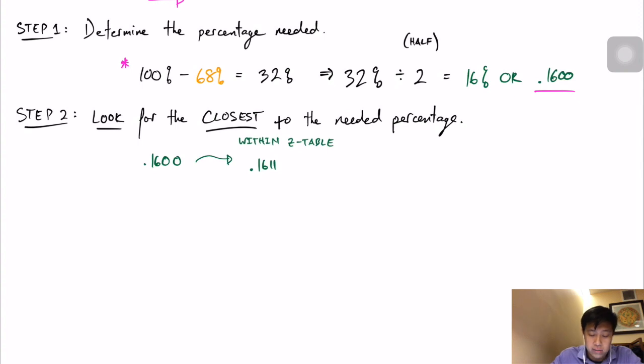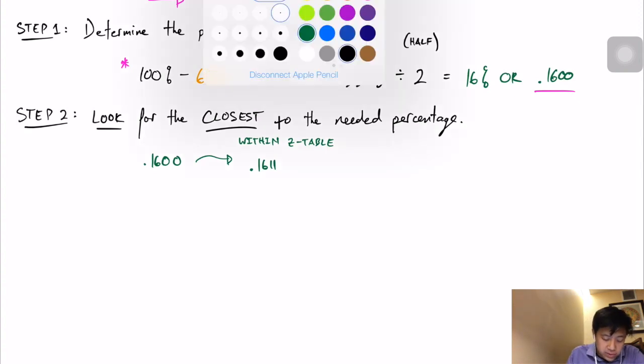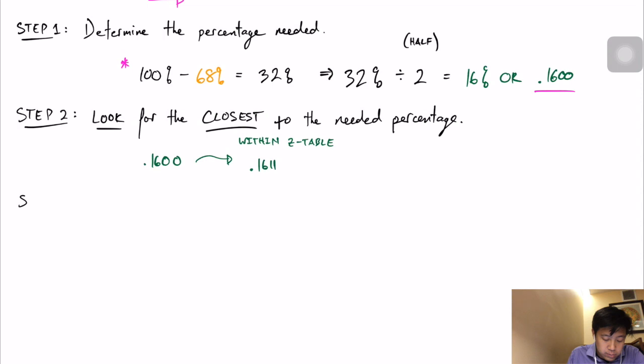And then from there, it's kind of built within step 2, but I'll write it as a separate step here. Step 3, find the associated Z-score. And again, I'll write this in purple because that's what I generally do.